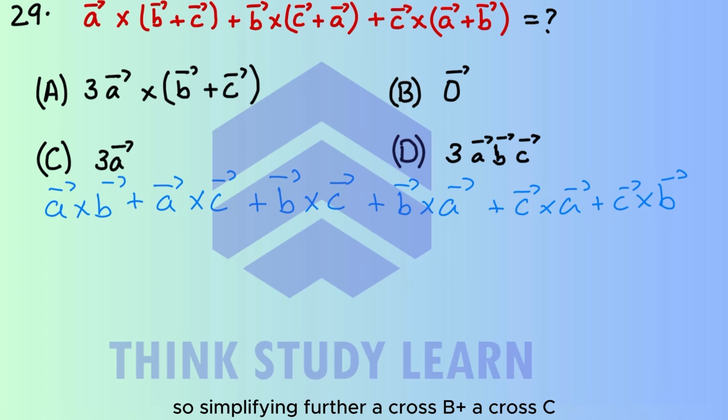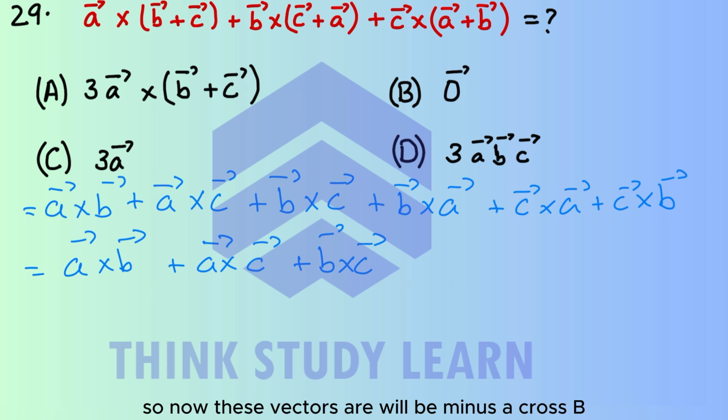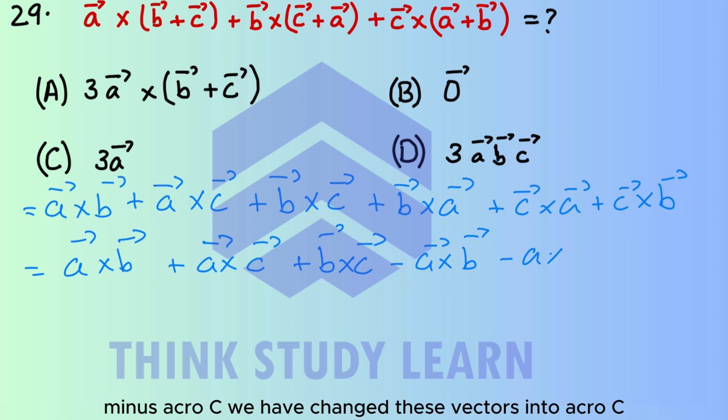So simplifying further, a cross b plus a cross c plus b cross c. Now these vectors will be minus a cross b, minus a cross c.